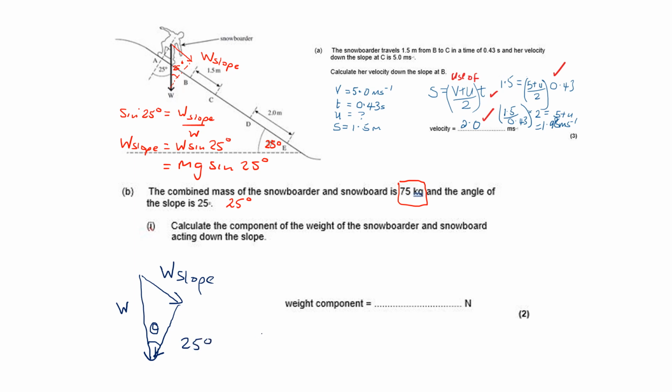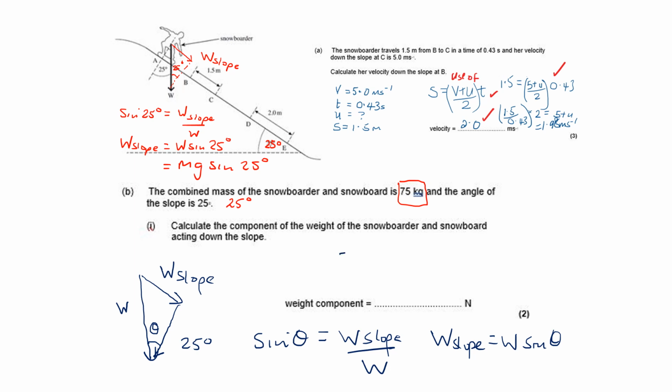And so we can write sine theta is equal to opposite, W slope, over hypotenuse, W. So W slope is equal to W sine theta. And so we need to find W from m times g.